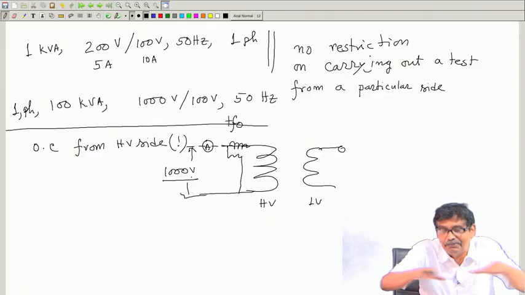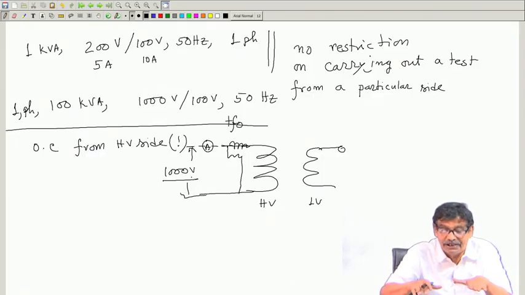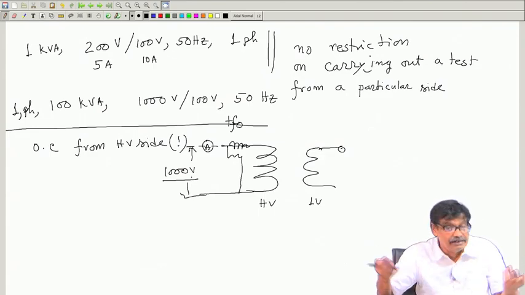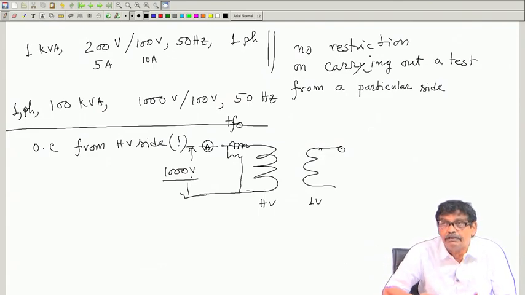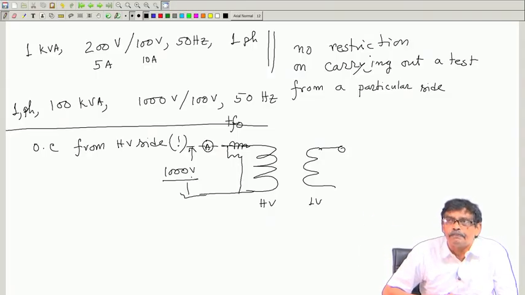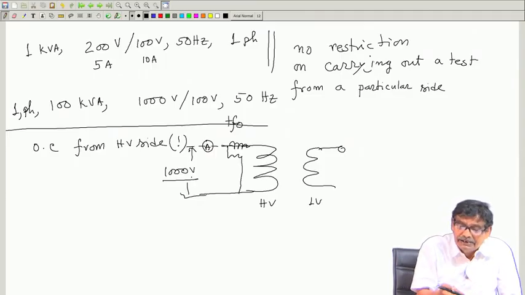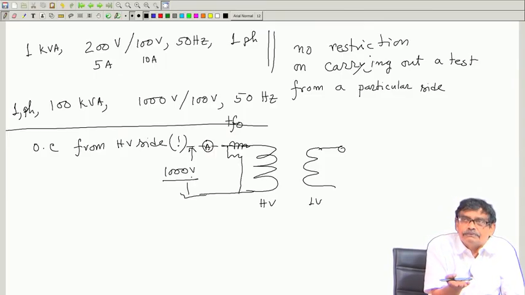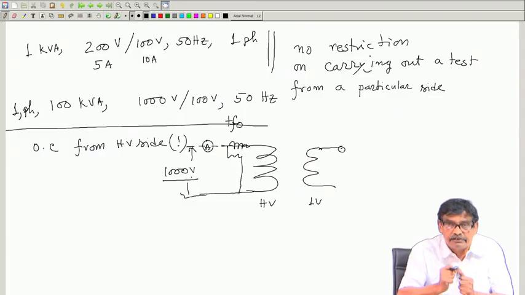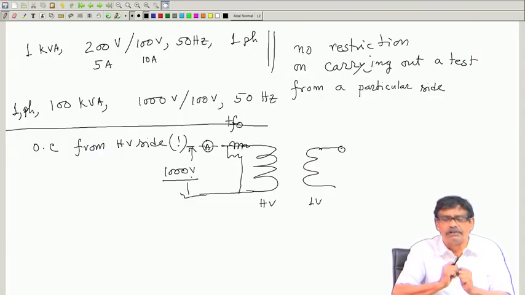On the table of these equipments you have kept, you will switch on 1000 volt supply, which is dangerous in the laboratory. You cannot work unless it is a high voltage laboratory specially designed. Therefore, immediately you see to apply rated voltage, I come and say no, do not do this, there will be a big safety issue, you cannot apply.